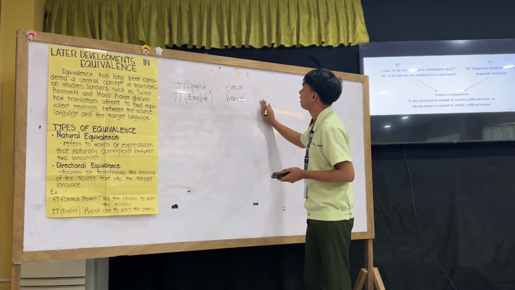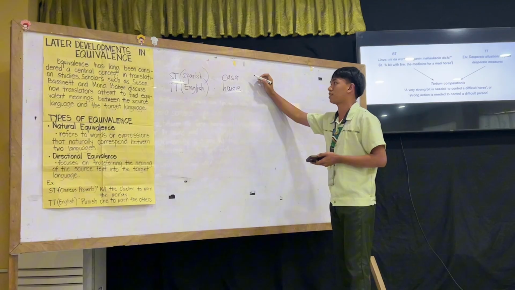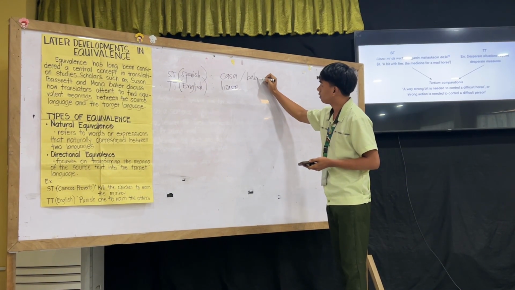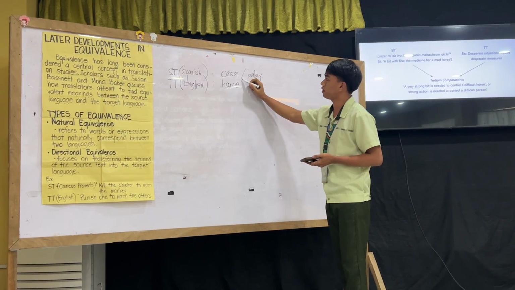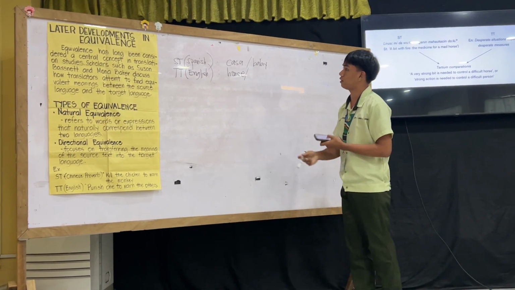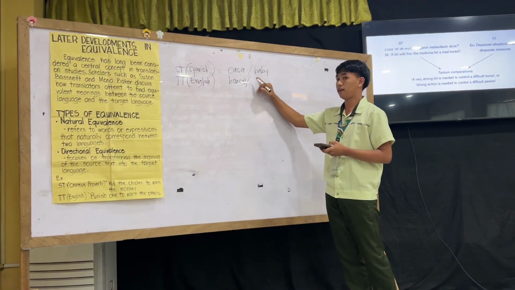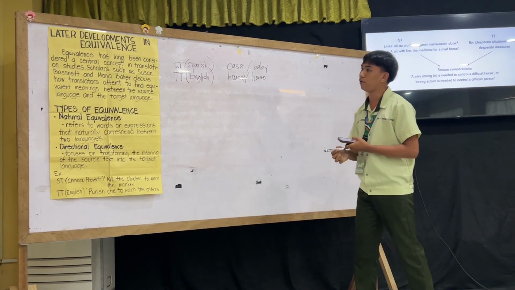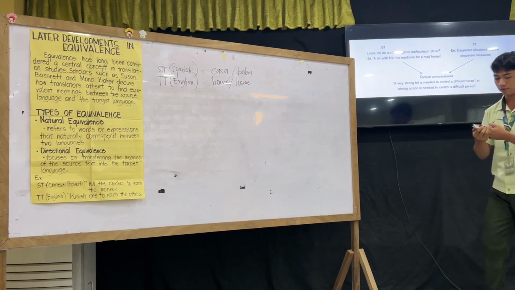Same if your source text is Bisaya, "balay." In English, your target language, its translation is "house." That's how natural equivalents work.